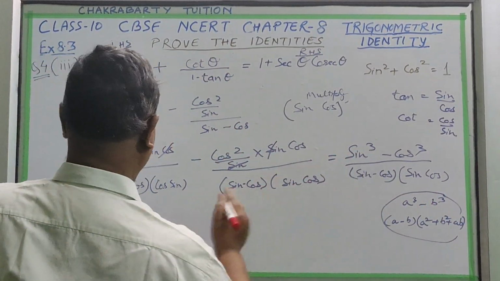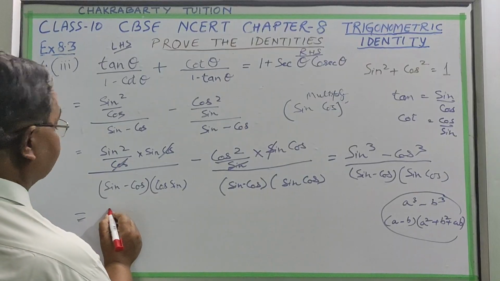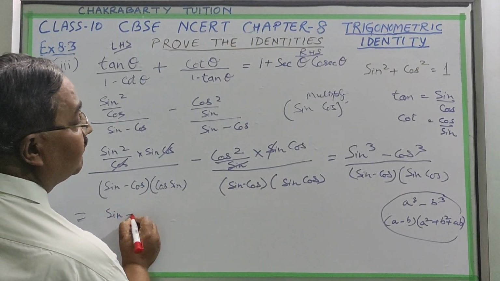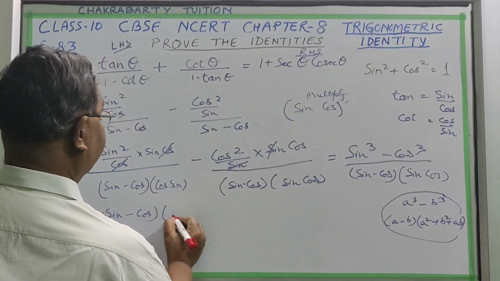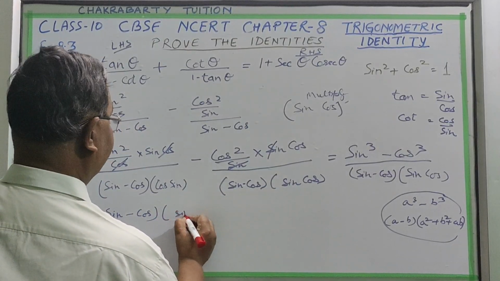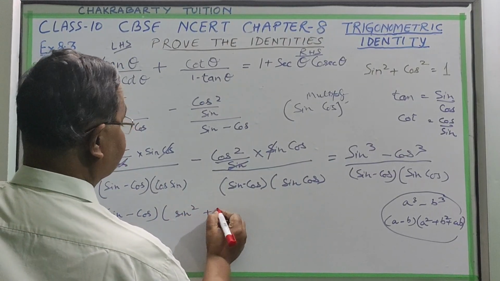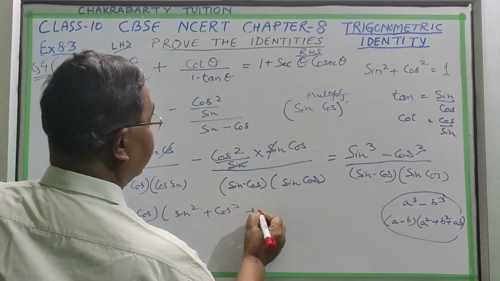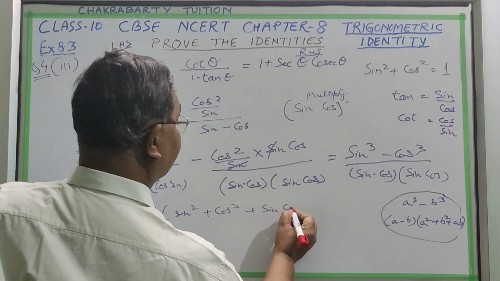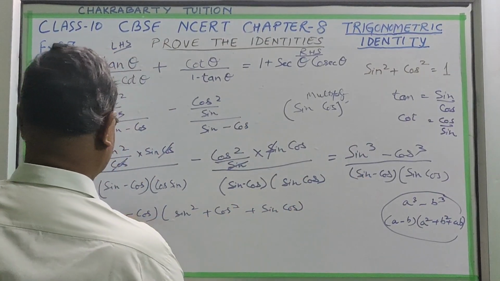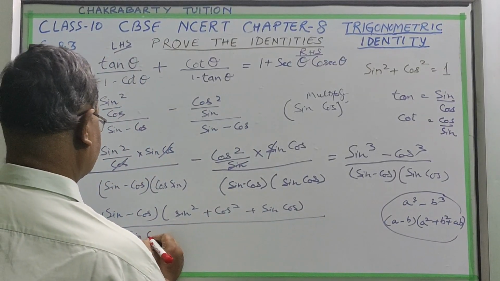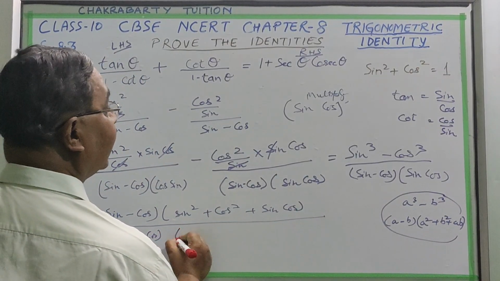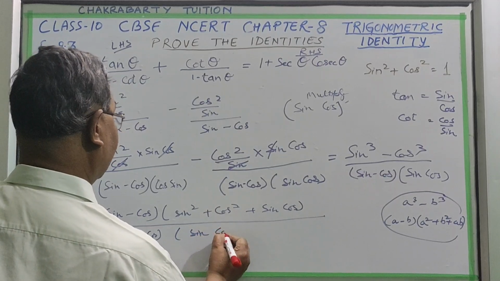So here it will become sine minus cos, so that we can cut it. And in other way, sine square plus cos square plus sine cos, upon lower side, sine minus cos, and other is sine cos, sine and cos.